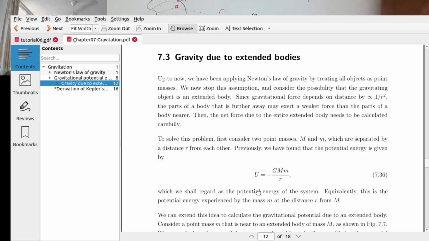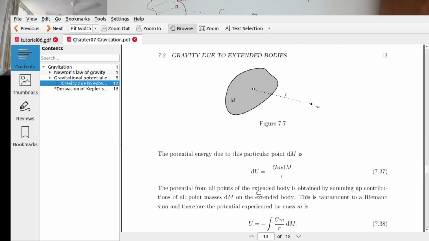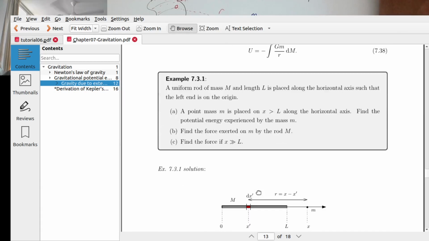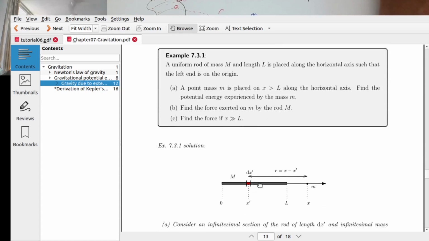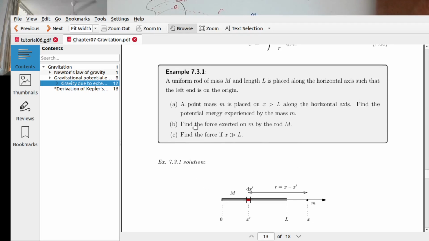A simple example is, again, we are looking at the rod. By now I think the rod is our best friend. We have calculated the center of mass of the rod, we have calculated the moments of inertia of the rod, and now this. So let's look at this.